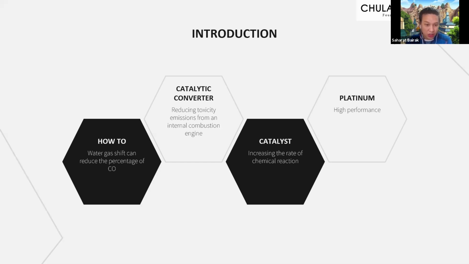The water gas shift reaction can reduce the percentage of carbon monoxide in the environment by using the catalytic converter to reduce it from the internal combustion engine, and uses platinum as a catalyst to increase the rate of the chemical reaction.